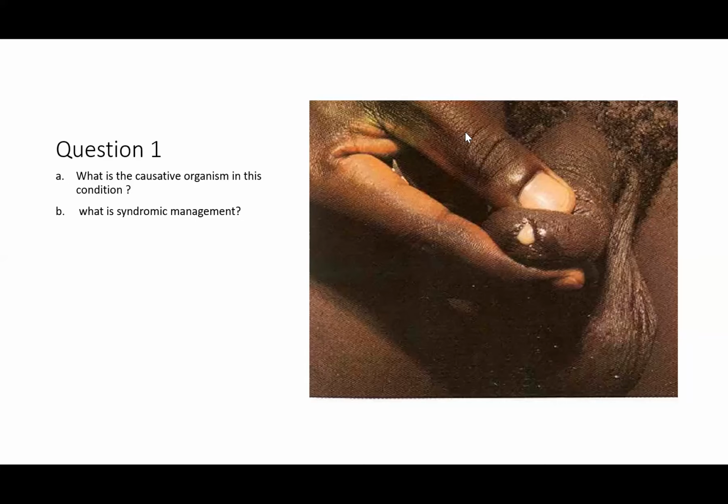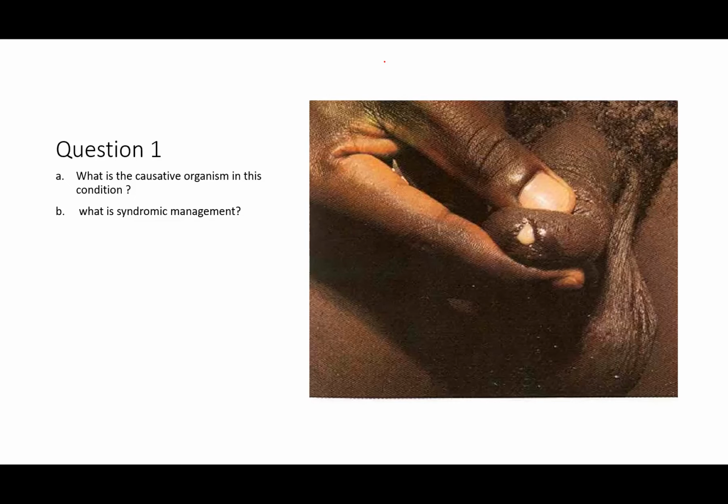Okay, the first question here, this is the external genitalia of a male, and he's presenting with a milky urethral discharge. This milky urethral discharge in males is commonly seen in sexually transmitted diseases, and the commonest type you see is when a patient contracted an infection from Neisseria gonorrhoeae.